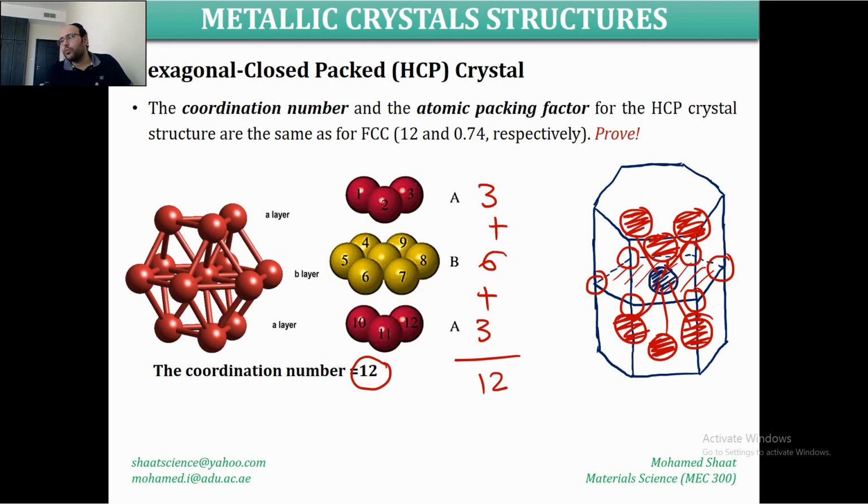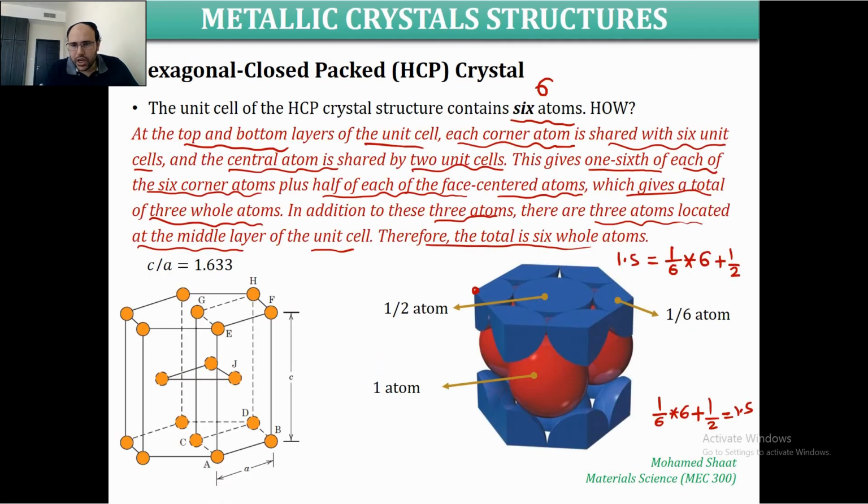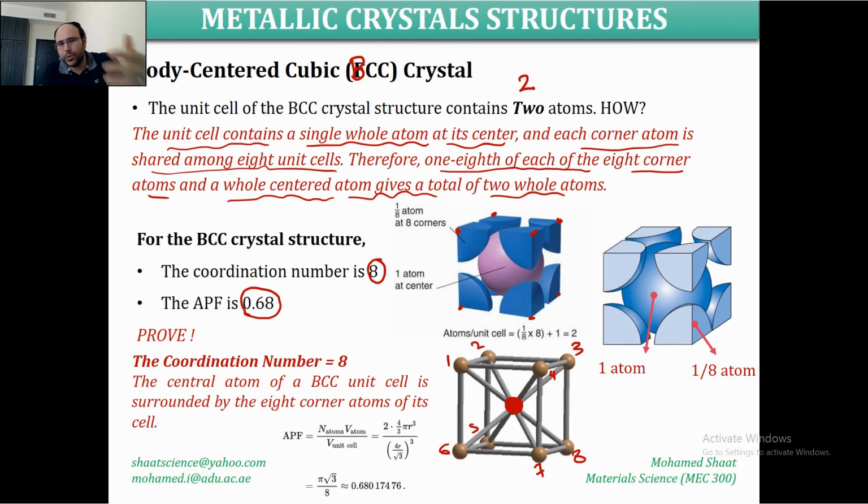In the FCC or BCC, the unit cell has a cubic shape. And the cube, as a geometry, forget about material science, requires only one geometrical parameter, which is A, the side edge. A cube can be represented by one dimension, like A, and this A is repeated the same for all edges of this cubic shape.